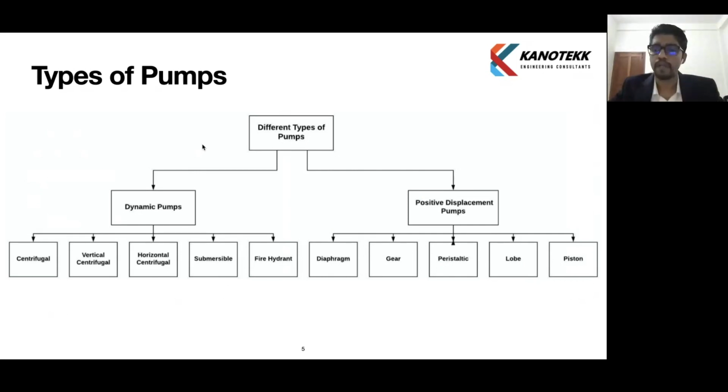This does not cover the entire range of pumps. There are a lot of other types, but we widely classify into two, dynamic and positive displacement. We will go through each; there is a separate section for each in the coming slides.